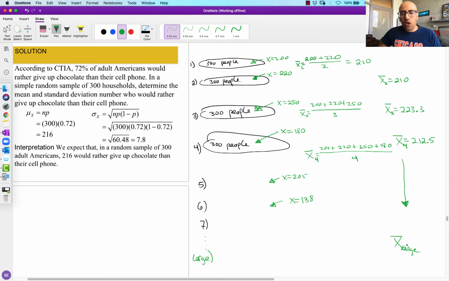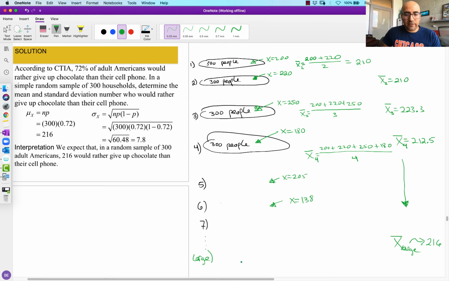Now we want to go for the large number of samples, hundreds, thousands, and eventually this number will get really, really, really close. It'll approach 216, right? That's what this is. The mean of our random variable x being 216 means that eventually these values will get infinitely close to 216. And that's what we call the expected value.